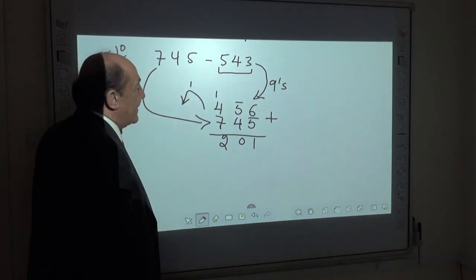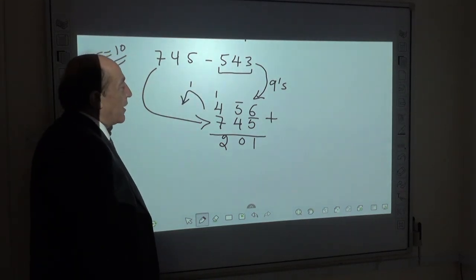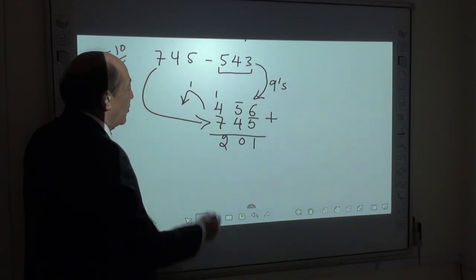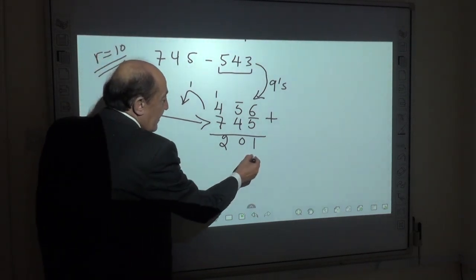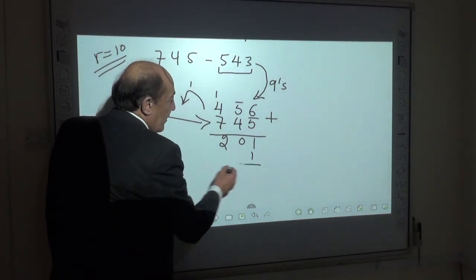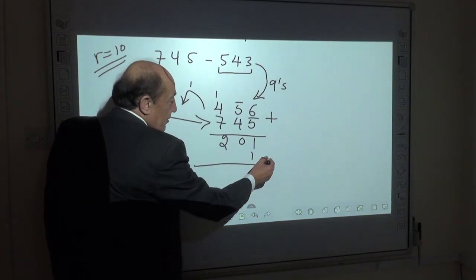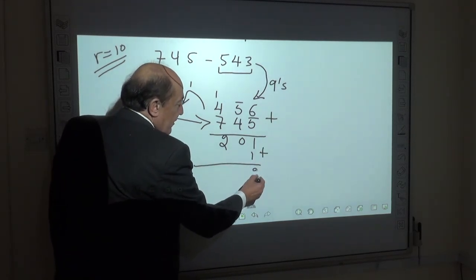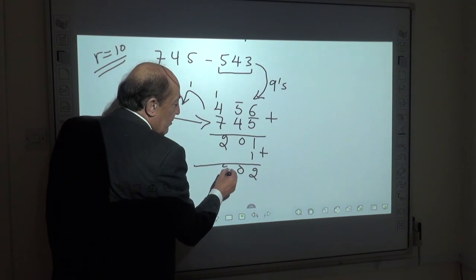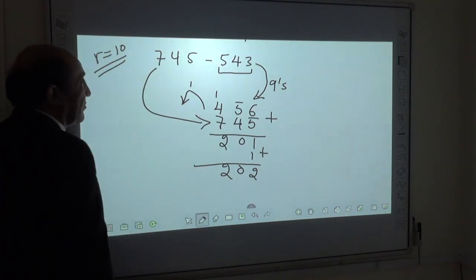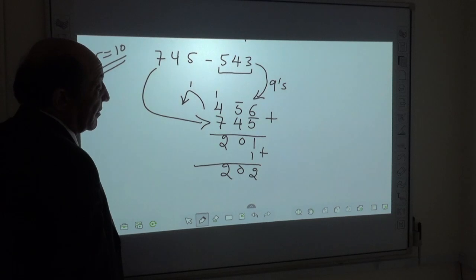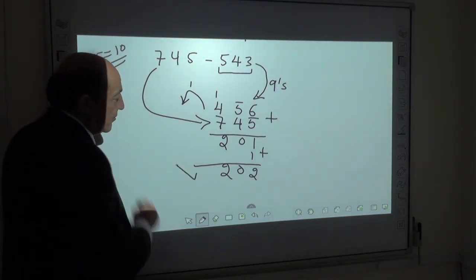Here we have end around carry. So we add this end around carry 1 to the least significant digit. The result is 202. It's correct.